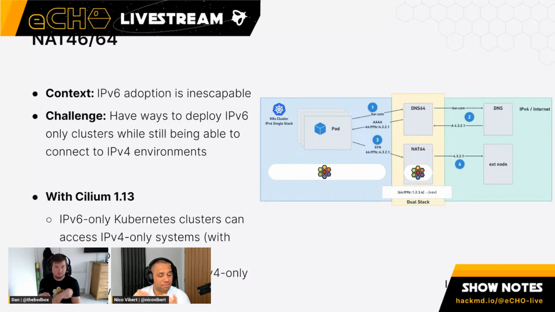One example we've got working was GitHub, because GitHub is still IPv4 only. In the demo, we got access from an IPv6 client to GitHub using the Cilium NAT6 to 4, which translates from IPv6 into IPv4.